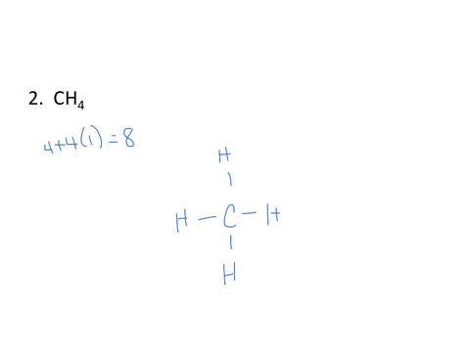For this one, you drew this structure, CH4. Let's just focus on carbon right now. It has 4 bonds around it. Remember, in each bond there are 2 electrons, but we can only attach 1 to carbon. So that means there are 4 bonding electrons. And if you look at the periodic table, it has 4 valence electrons. So the formal charge of carbon is 0.